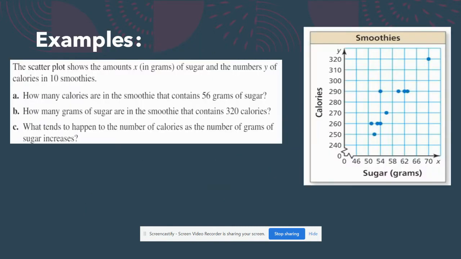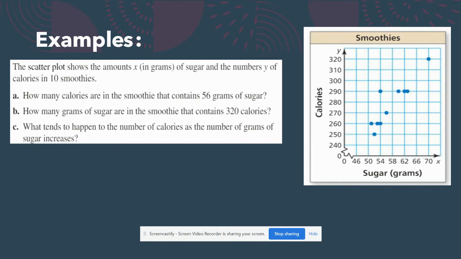This is an example of a scatter plot. We're taking a look at some smoothies and trying to compare the amount of sugar in the smoothie with the amount of calories of the smoothie to see if we notice any trends. And so, how many calories are in the smoothie that contains 56 grams of sugar?